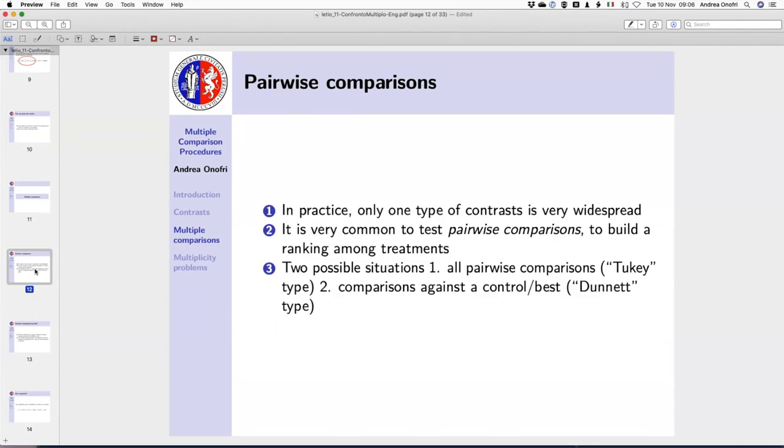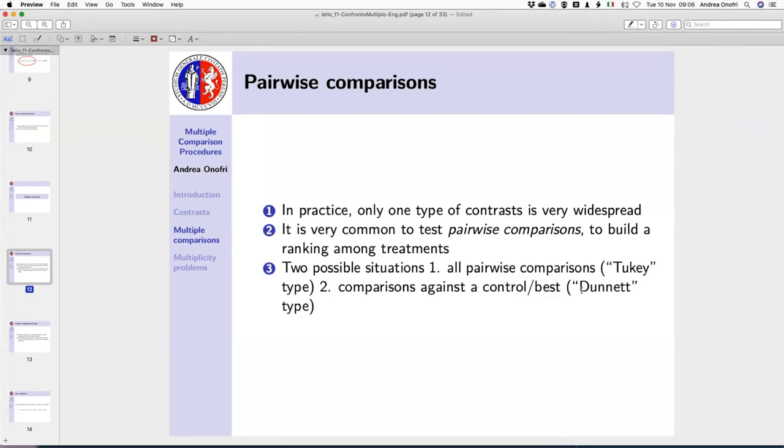In this case, we have two possible situations. The first situation is that we try to do all pairwise comparisons, and that is known as the Tukey approach. And second, we can compare all means against a control, or all means against the best or the worst, if you like.